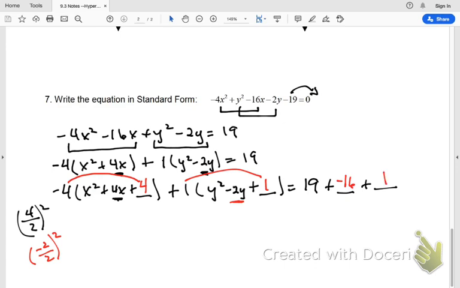Okay, so the way this is going to factor will be a -4. This will factor to be x plus 2, the quantity squared, plus 1 times y minus 1, the quantity squared, equals 4. Okay, so you remember on a hyperbola you want it to always be equal to 1, so I'm going to divide every one of these by 4.